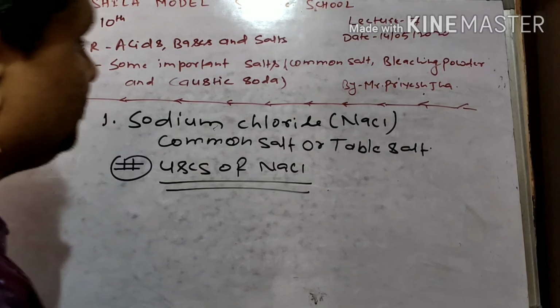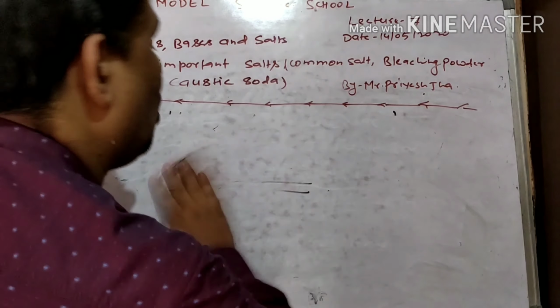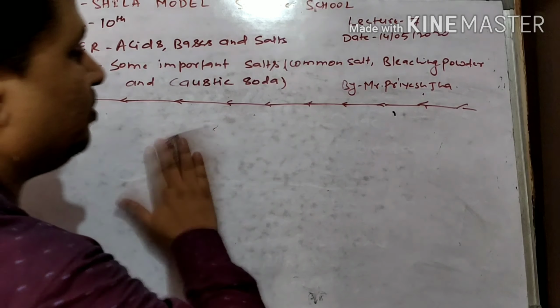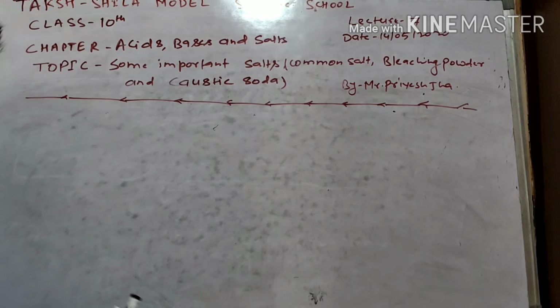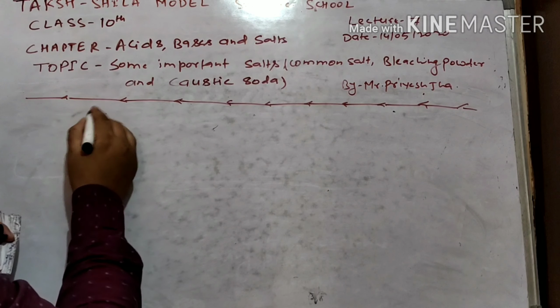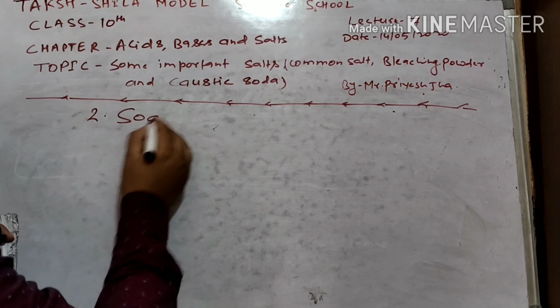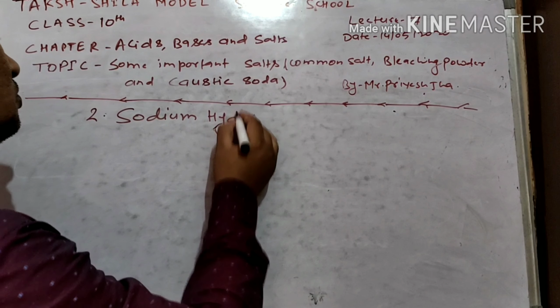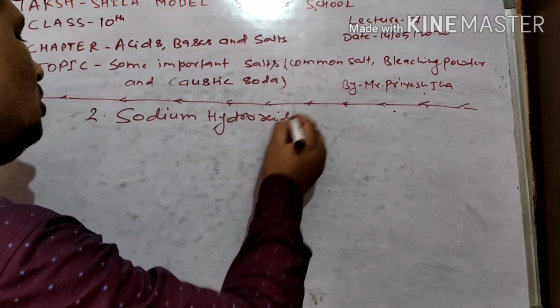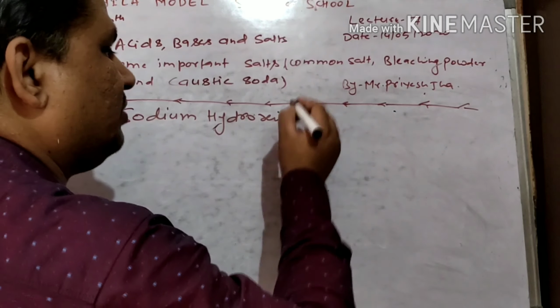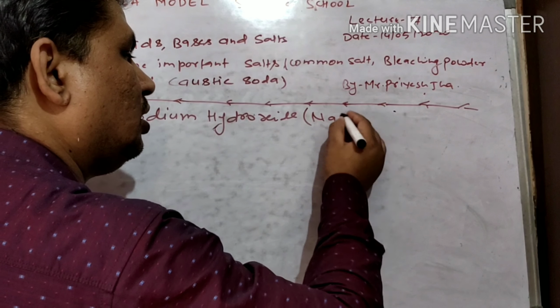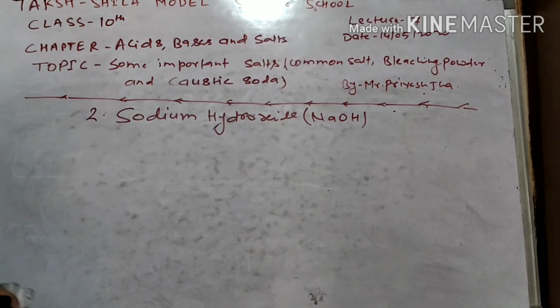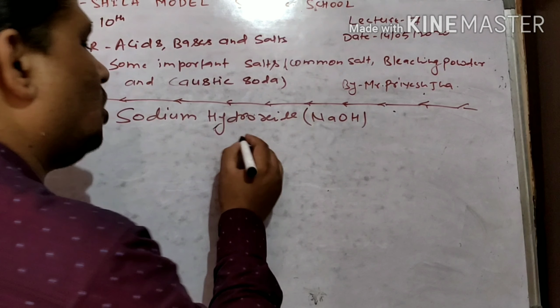Next one is sodium hydroxide. The next compound for today is sodium hydroxide, having chemical formula NaOH, and it is also known as caustic soda.